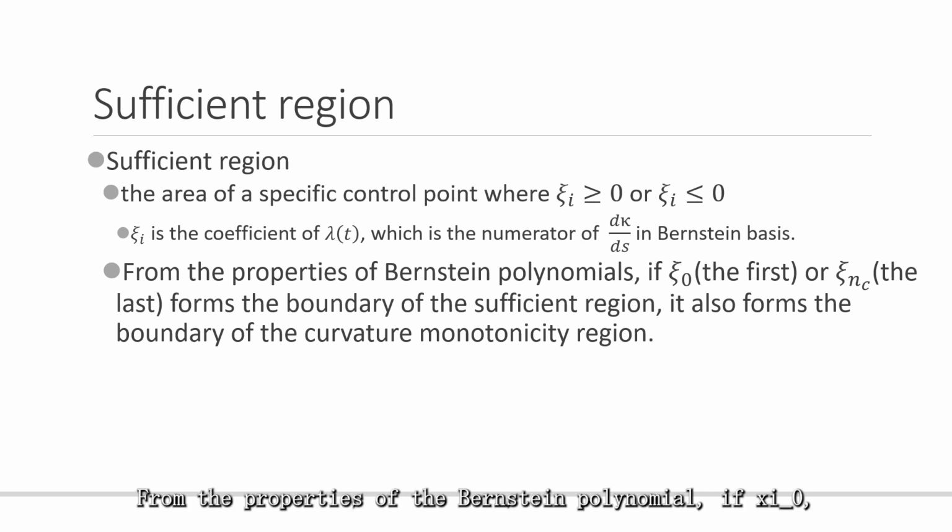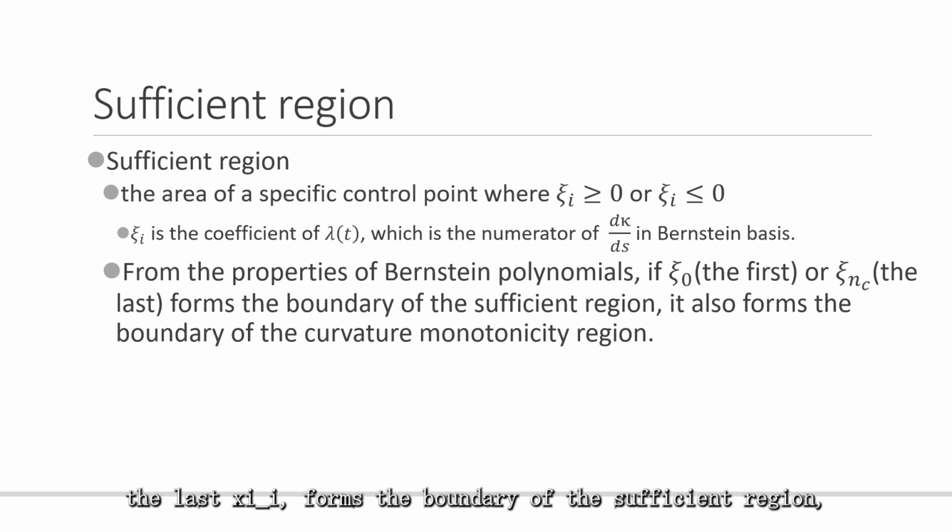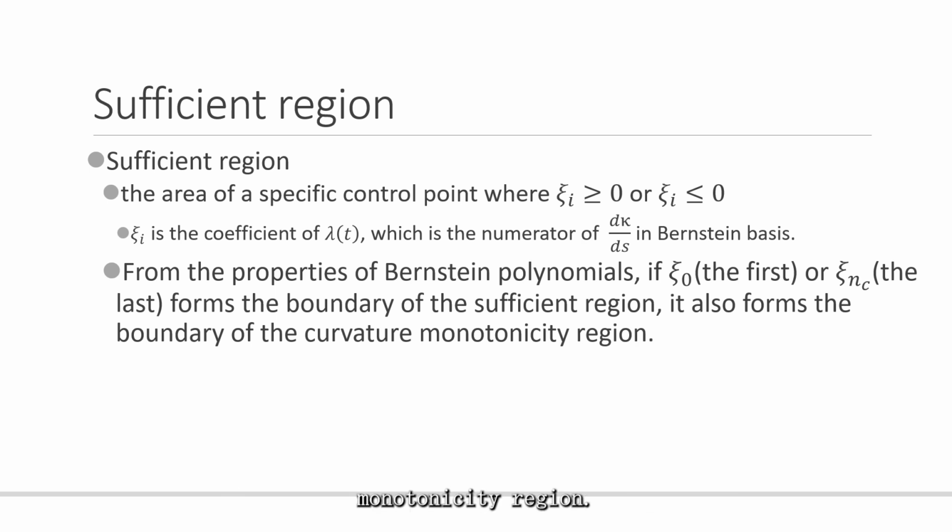From the properties of the Bernstein polynomial, if Xi0, the first Xi, or Xinc, the last Xi, form the boundary of the sufficient region, it also forms the boundary of the curvature monotonicity region.